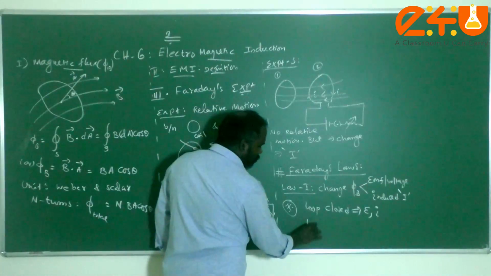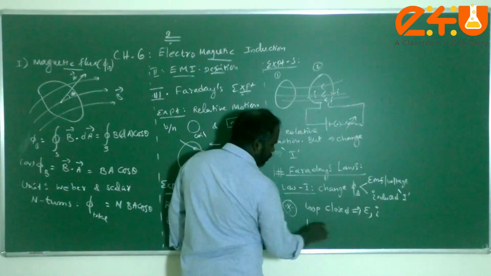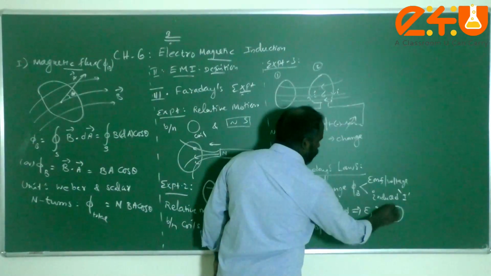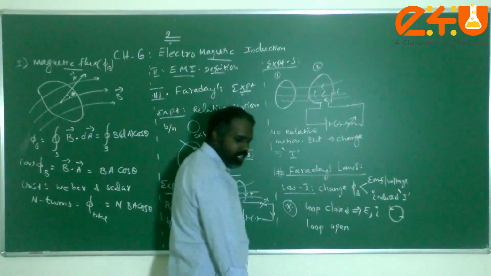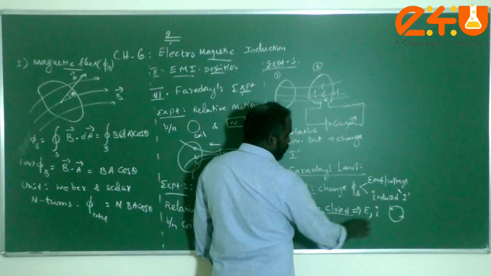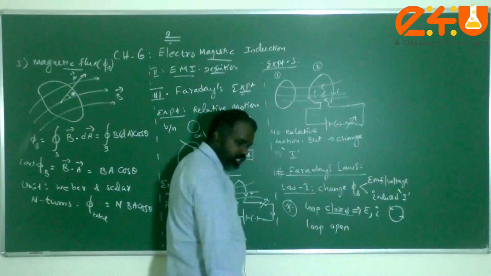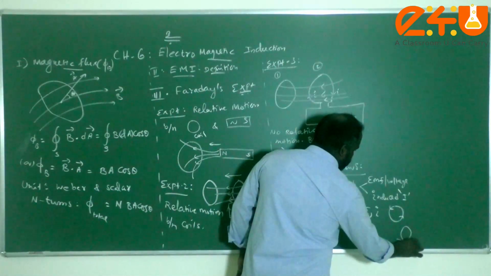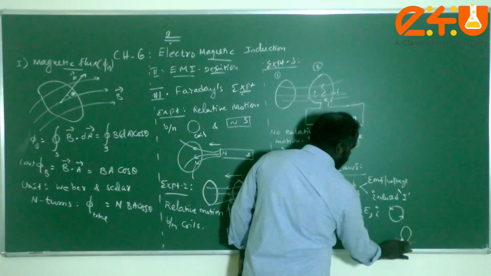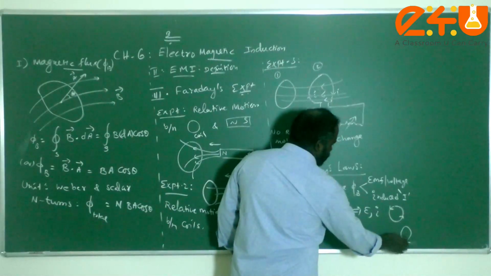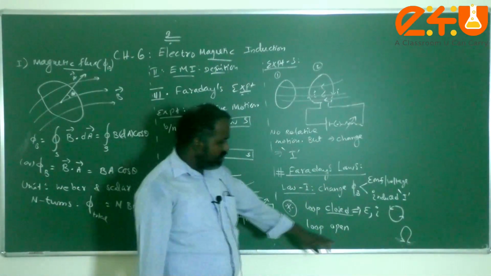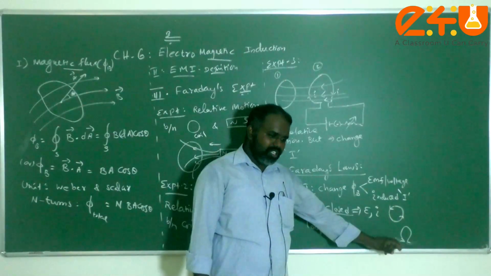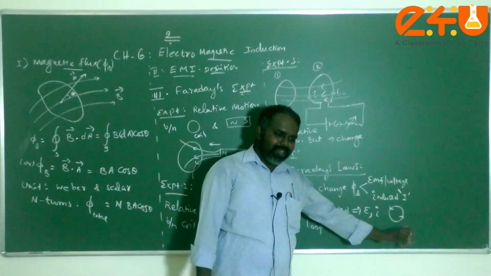But when the loop is open, in this case, since the circuit is open, there is no flow of current, but we can say that there is an EMF.